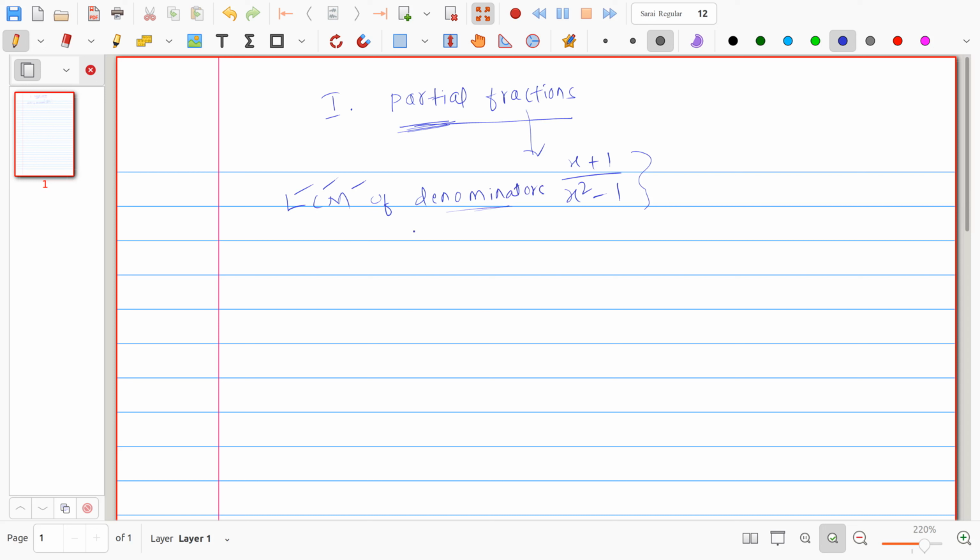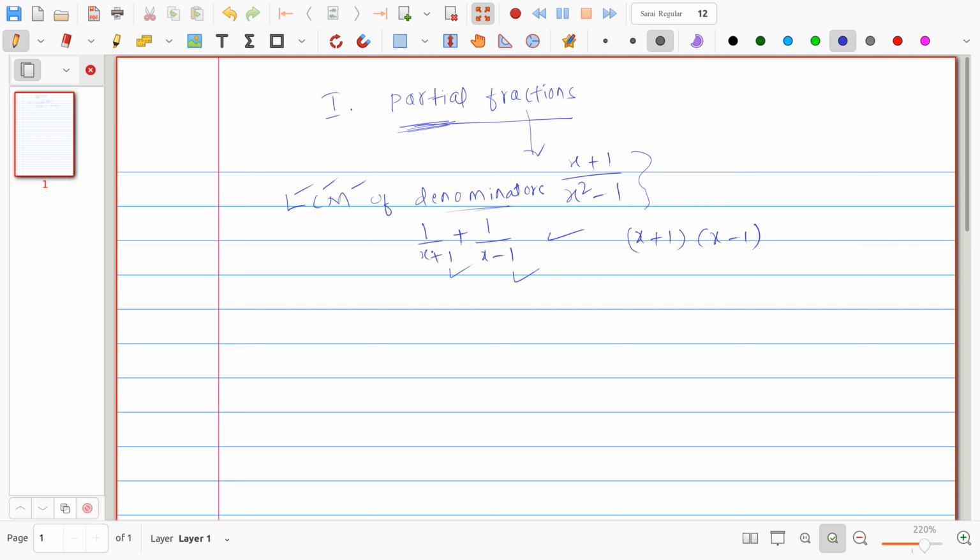I will give an example here: 1 divided by x minus 1, plus 1 divided by x plus 1. So what is the LCM of this expression? The LCM is (x plus 1) and (x minus 1), because these are two different individual terms.